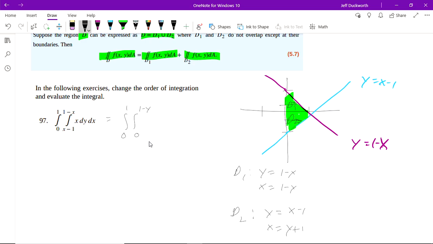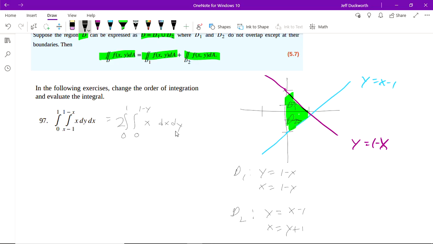We're just going to do D1, but there'll be 2 times that. Okay. And then we've got an x, and we're going to go with dx dy. Again, pick either one, it doesn't matter, but we're going to use the top one.